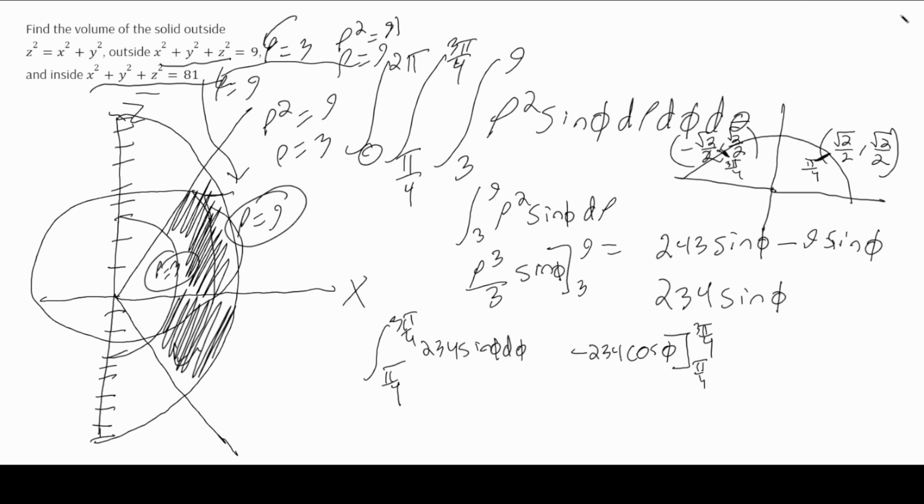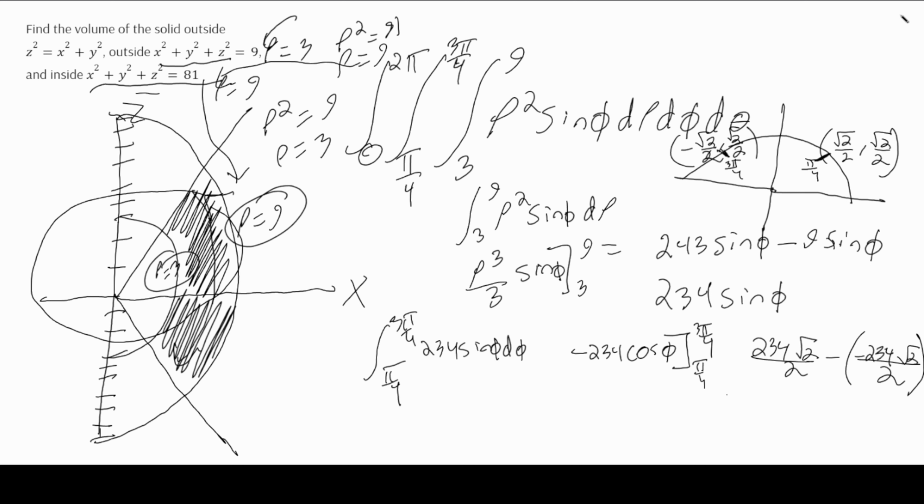So at 3 pi over 4, cosine of 3 pi over 4 is negative root 2 over 2, but that's going to be positive since we have a negative right here. So it's going to be positive 234 root 2 over 2, minus, and then cosine of pi over 4 is just root 2 over 2, so minus negative 234 root 2 over 2.